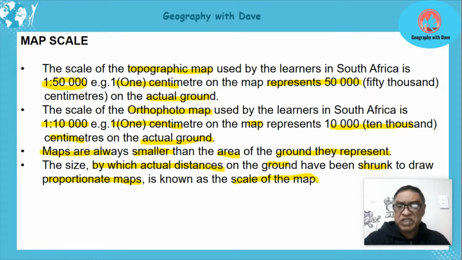Some facts first, learners. We just don't jump into the scale. We appreciate the scale and why it's there. That is why your teacher sometimes will make you measure your desk, bring it down to a scale, and then multiply that size again by the scale to get the actual size of the desk.